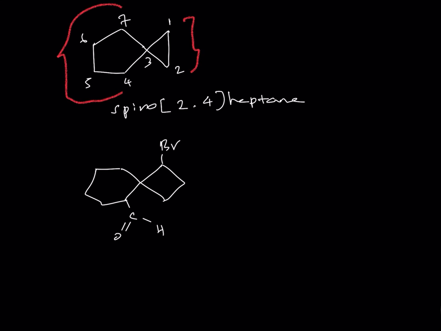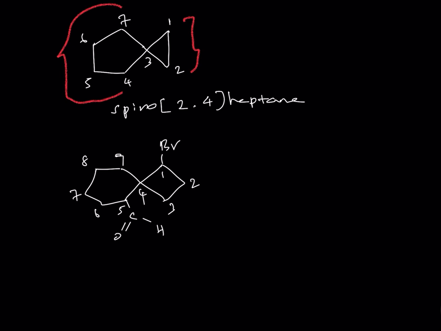Just because the functional group is here, it doesn't mean that you should start 1 from there. You shouldn't. You should number the smallest ring first. So 1, 2, 3, 4. Now you have to continue numbering in this direction because that gives the lowest number for the aldehyde. So 4, 5, 6, 7, 8, 9.